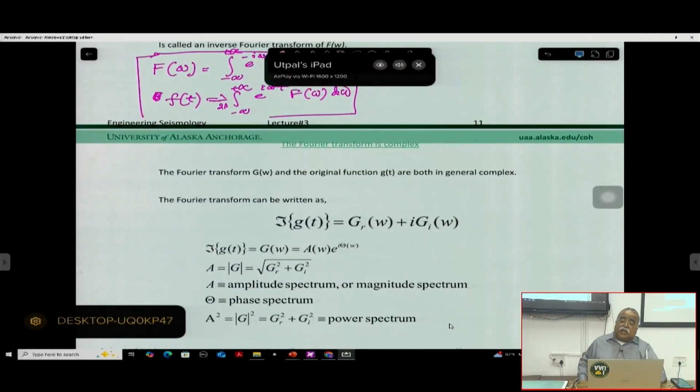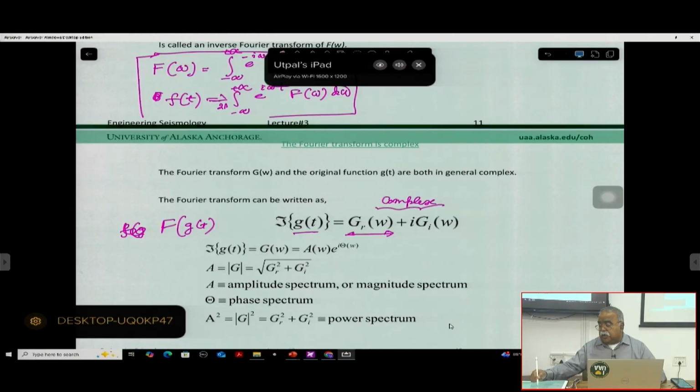So take any signal g(t) and take its Fourier transform. I can say this is the Fourier transform of g(t). What it gives you is a complex function, which means it has a real part and an imaginary part, right?